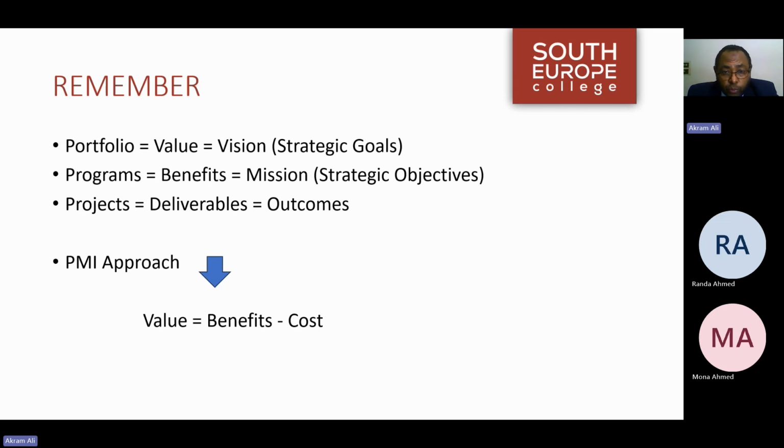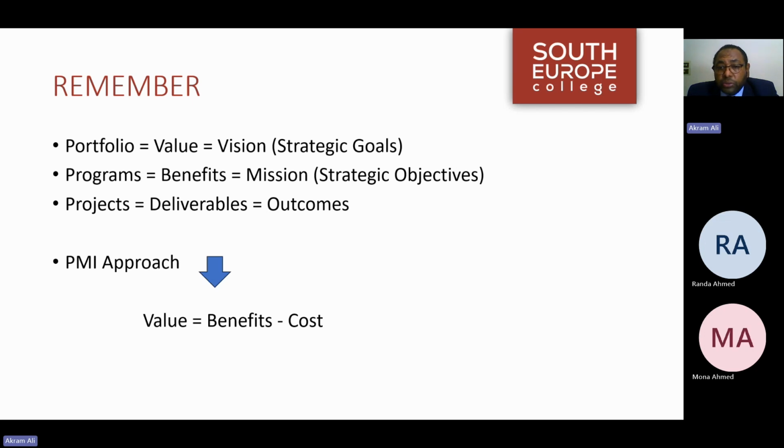Benefits are related to mission and strategic objectives. Projects are related to project deliverables and project outcomes. And here we just have to note that the PMI approach describes value as benefits minus cost, and we will discuss this equation further later in our presentation.